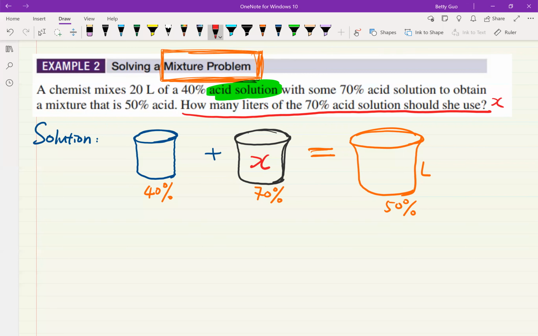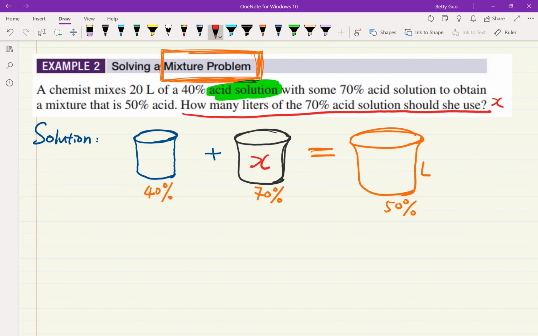Then we use x to represent the quantity we are going to find. Let's say x is the number of liters of 70% acid solution here. How many liters of 40% solution did she use? That is given. How many liters?